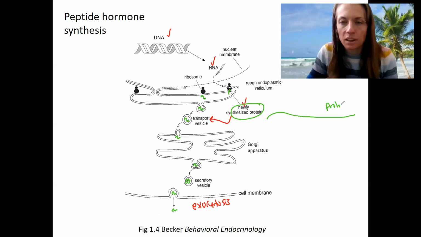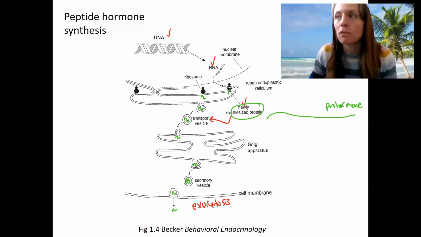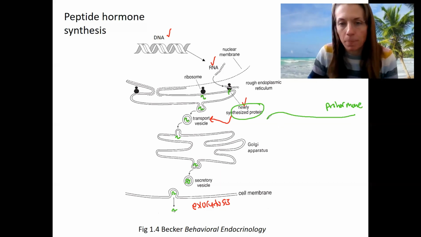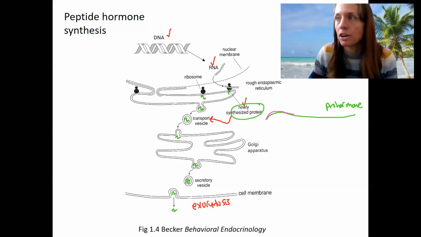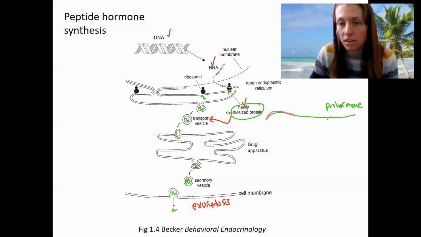What does this mean? This means the hormone is actually synthesized, made up of several different pieces. So I'm trying to draw these different colors here to represent the prohormone.